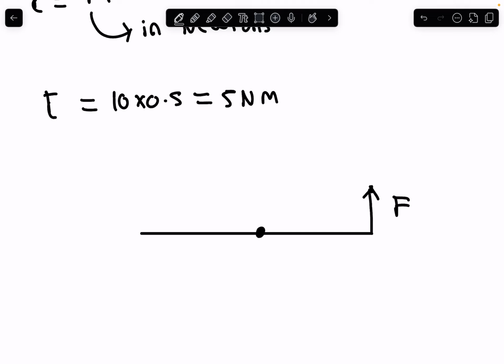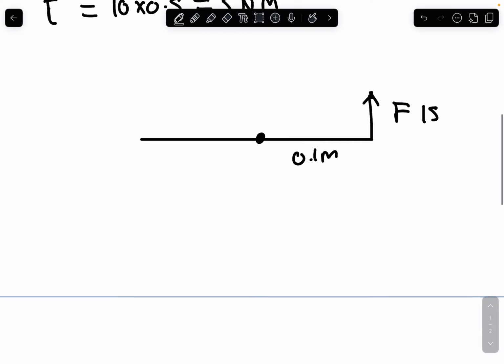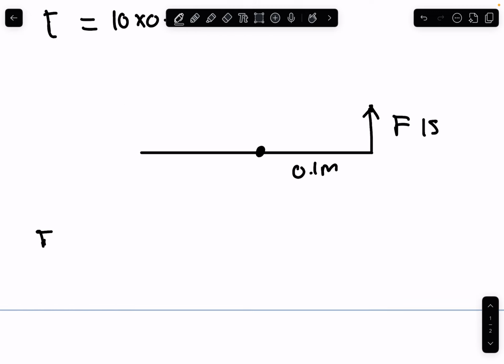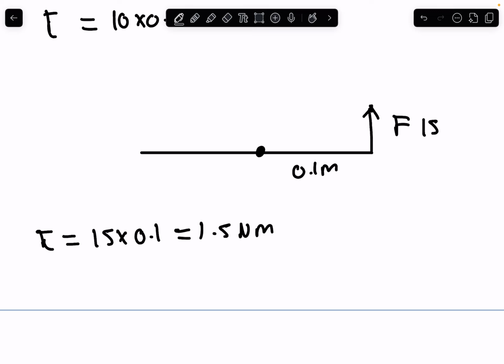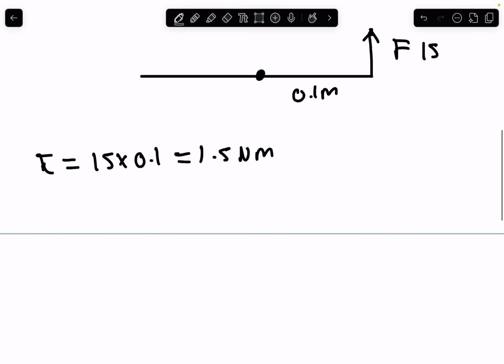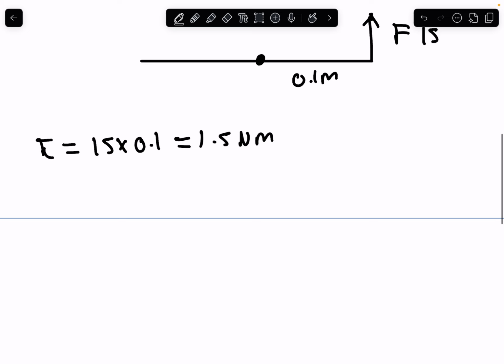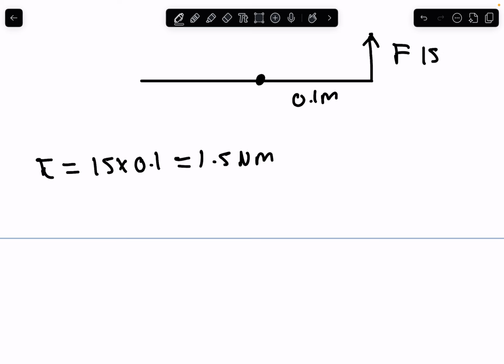So let's say this is 0.1 meters and this force is 15 newtons. So the torque applied would be 15 multiplied by 0.1 equals 1.5 Newton meters. So again, torque is in Newton meters and it is the force applied at a distance r from the pivot point.